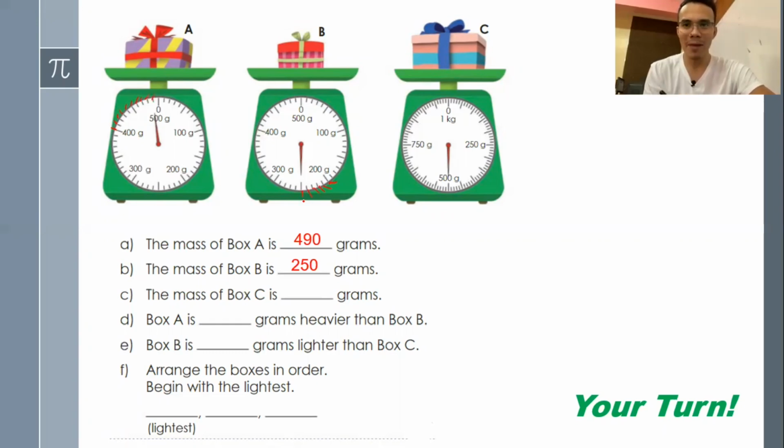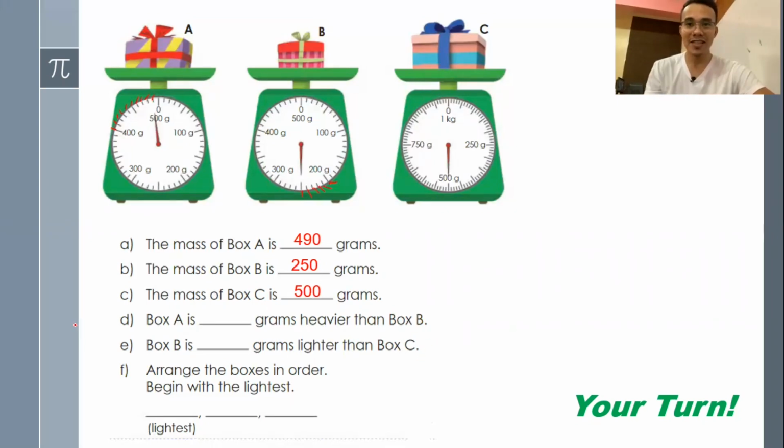What about the mass of box C? I think among these three, it's the mass of box C that is the easiest to find, right? Because the needle is pointing at 500 grams. The mass of box C is 500 grams.